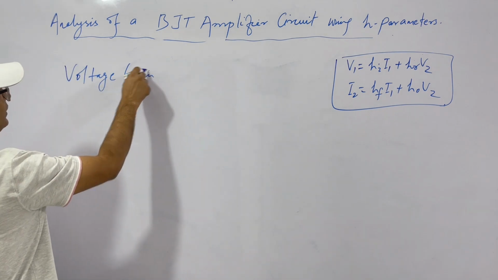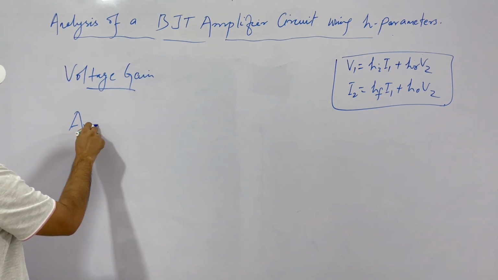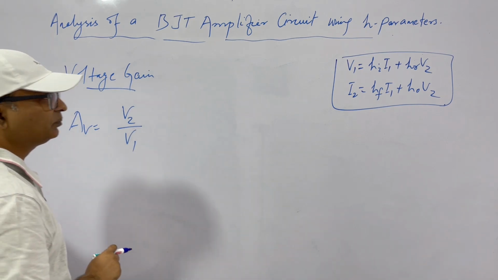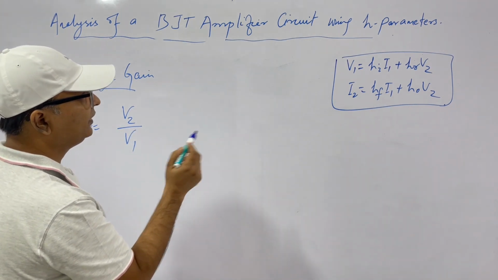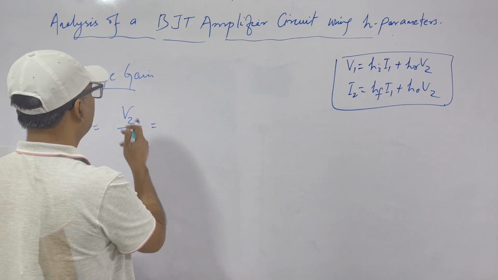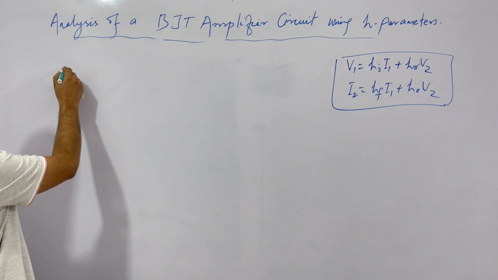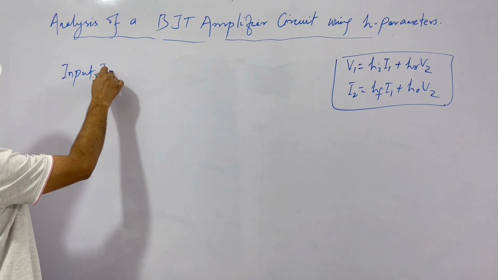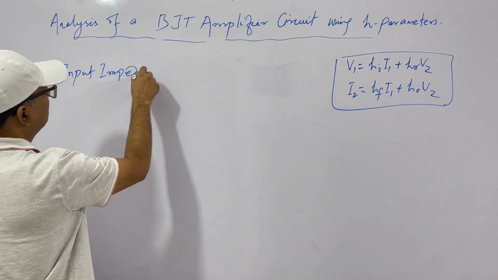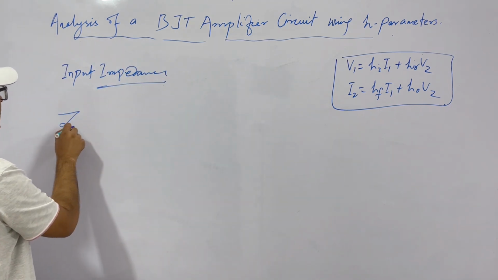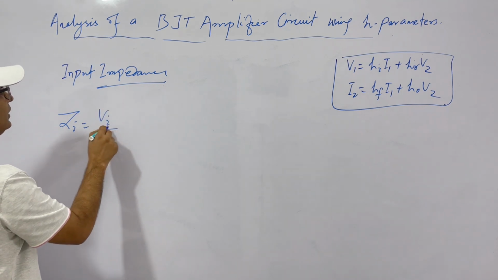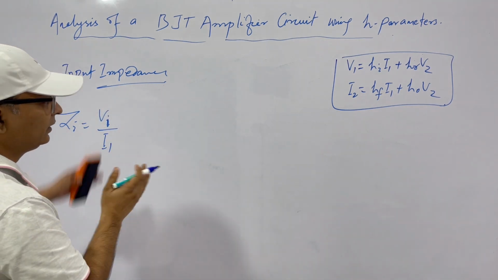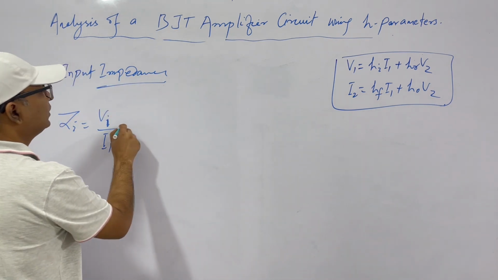What is voltage gain? AV. It is defined as output voltage, V2 by input voltage, V1. Very simple. Now we will define input impedance. So Zi will be V1 by I1, that is voltage by current in the input. What is V1?